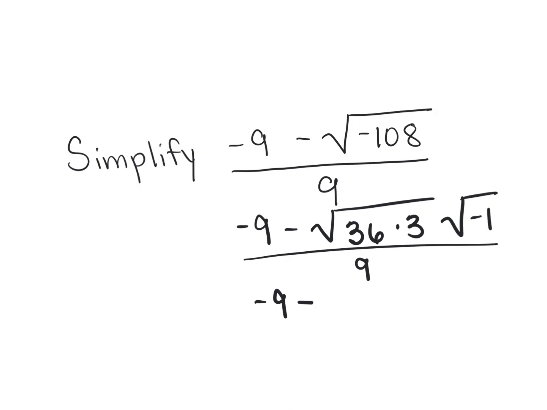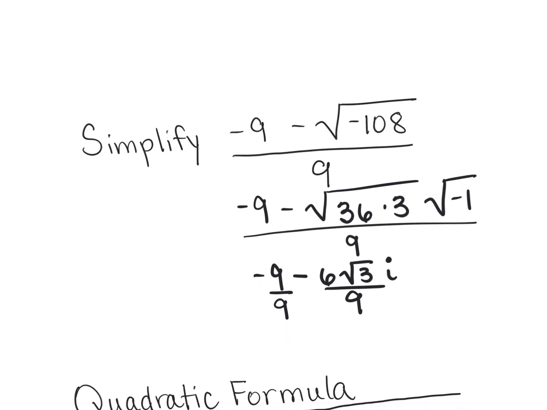So we have the square root of 36 is the number 6. The square root of 3 stays the square root of 3. And then we have i for the square root of negative 1. So I'm going to put this over 9, and I'm going to put this over 9, and then we reduce those fractions. So negative 9 divided by 9 is negative 1, and then 6 over 9 reduces to 2/3. And then we still have the square root of 3, and this, of course, is an imaginary number.